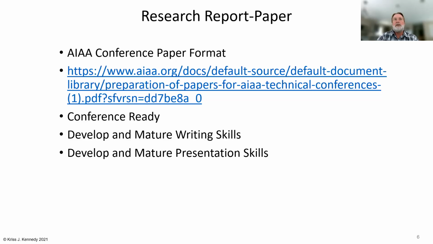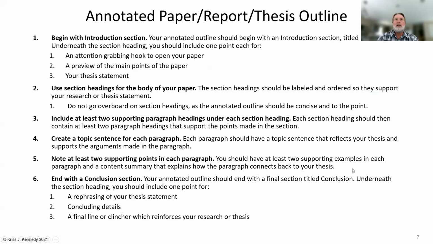This is the AIAA, I believe, the conference format, and we've talked about this already. It should be conference ready, and part of this process is really to help you develop and mature your writing skills, and develop and mature your presentation skills. So an annotated paper or annotated outline is one where you begin with the introduction section.